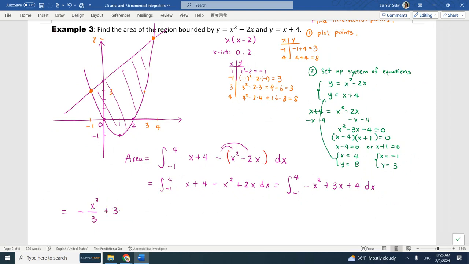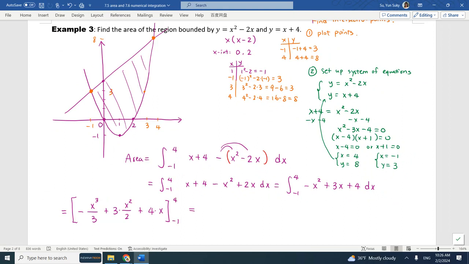So the 3 constant multiple stays here. What's the integral of x? Yeah, x squared over 2. And what happened to the 4? 4 times x. Good. We evaluate from -1 to 4.